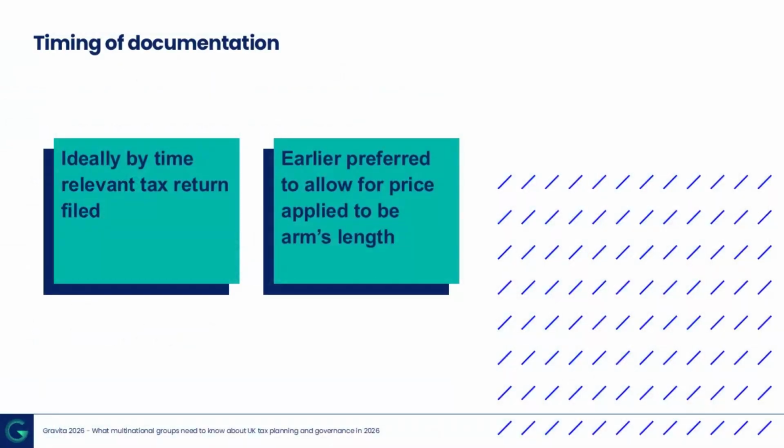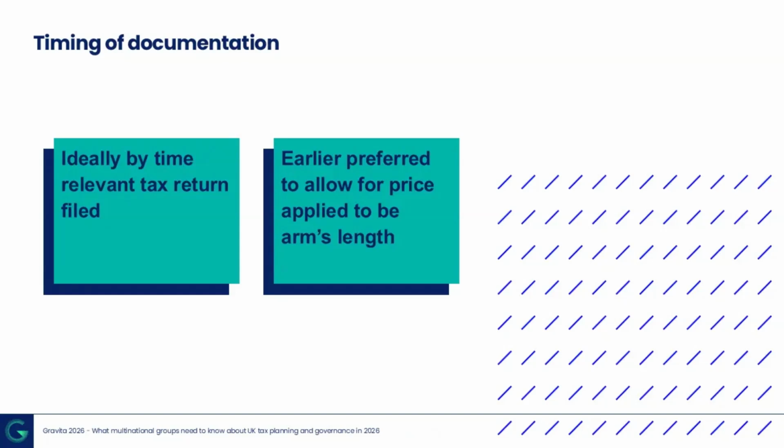So in order to support a transfer pricing position, there is a requirement to have transfer pricing documentation. Now, if you're a UK company and you're filing your CT600, most of you will have noticed a box to tick if you're an SME, so in other words, if you're falling outside of the UK transfer pricing rules per the size we just discussed, and that's saying that you're not within transfer pricing.